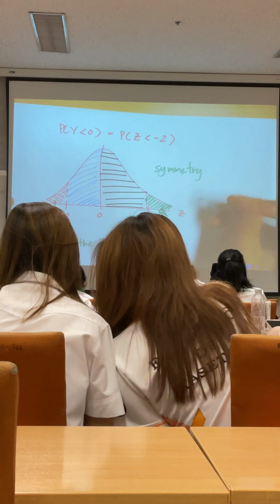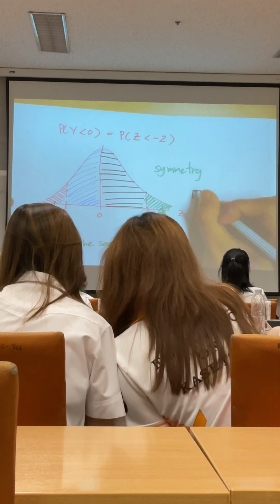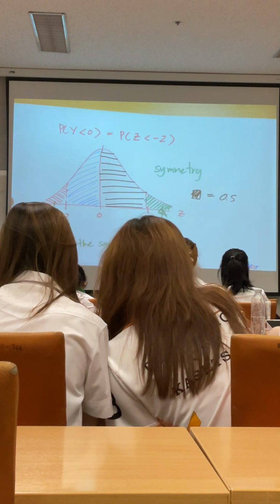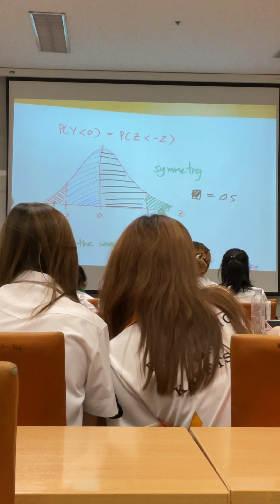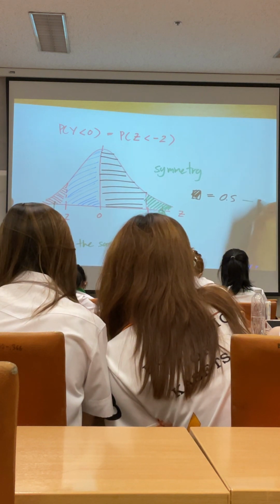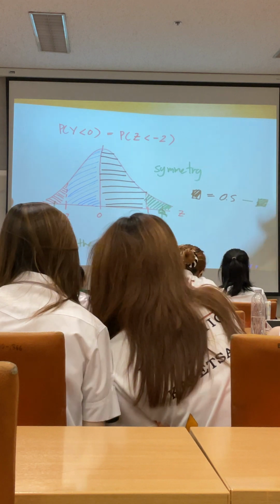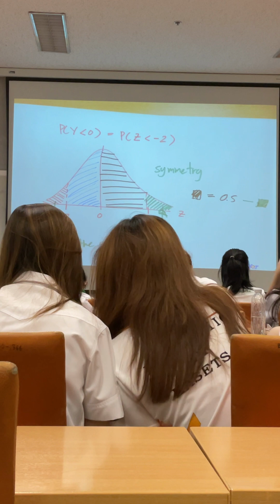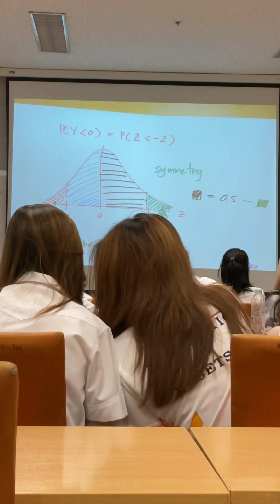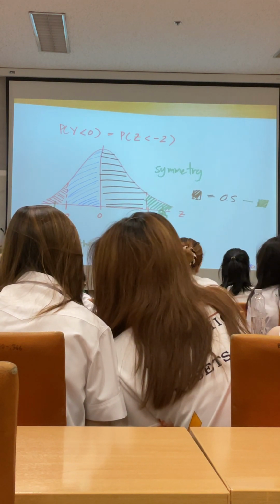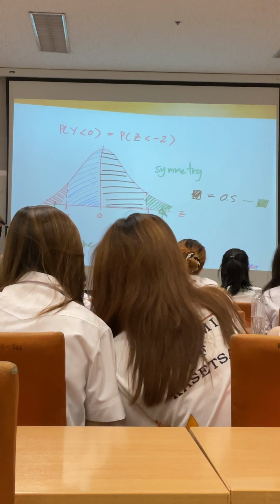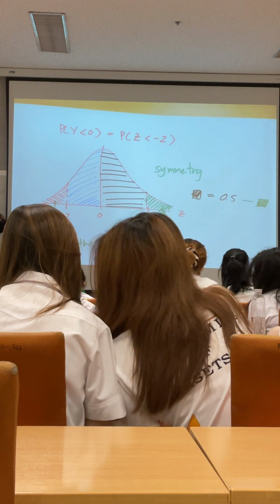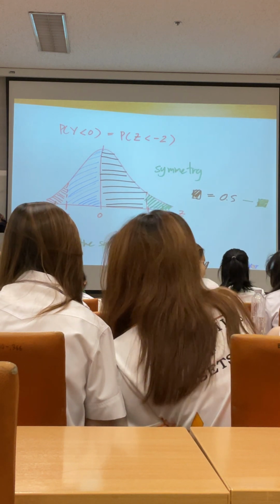To calculate the black area, it's going to equal 0.5, because half of the mass is 0.5, minus the green area. And our table tells you the green area, because our table gives the upper tail for the given values. So you can calculate the red by calculating the green area.